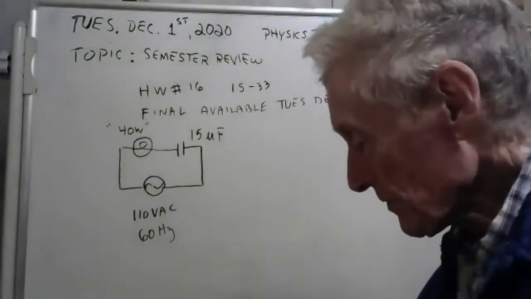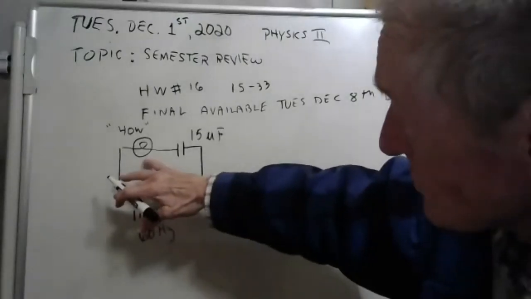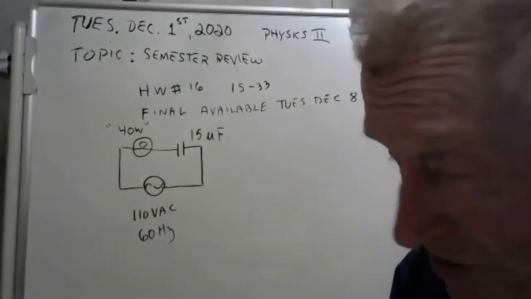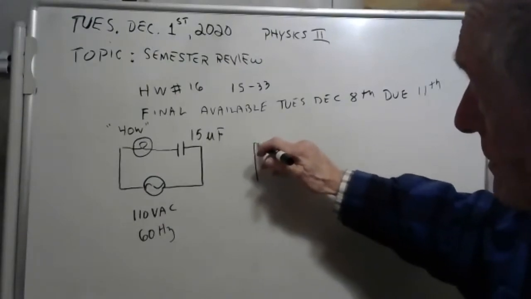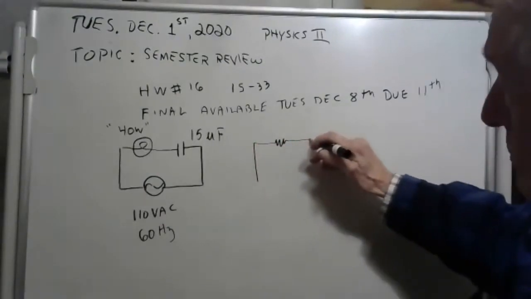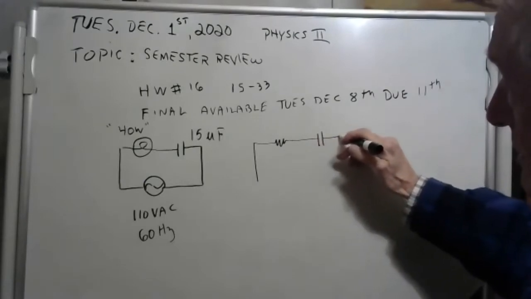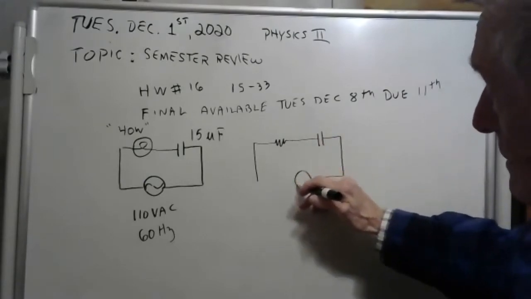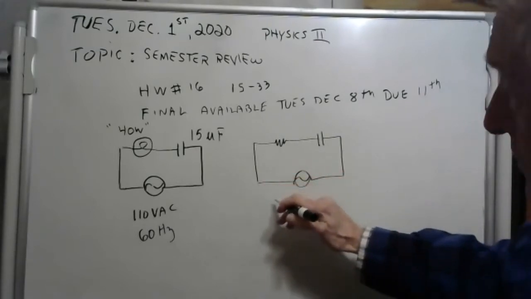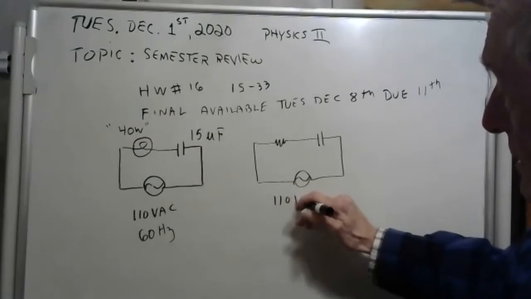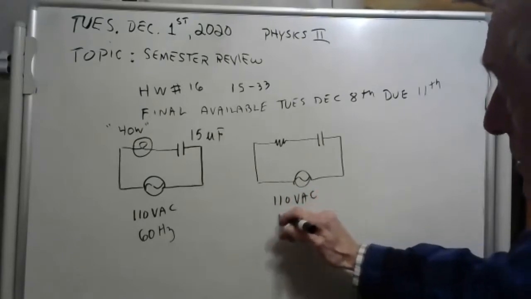Okay, well, the first thing we've got to do is realize that this light bulb is just a resistor. So we could make an equivalent circuit like this. 110 volts, AC, 60 hertz.